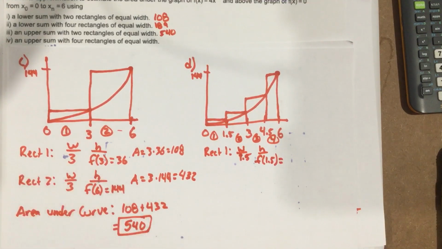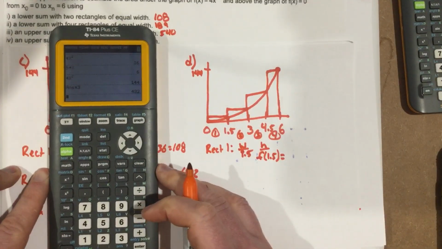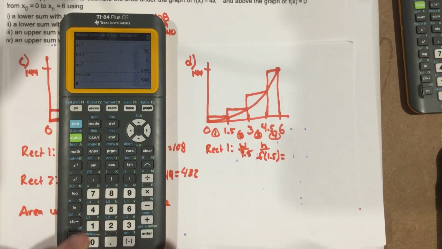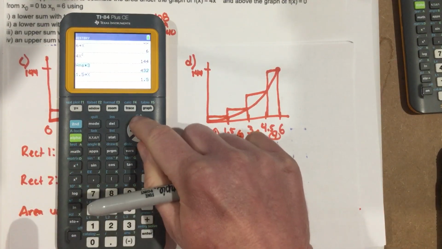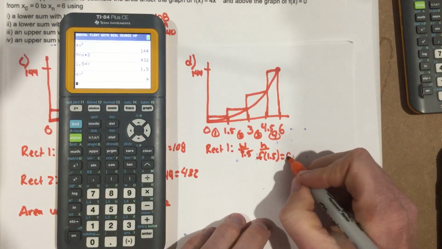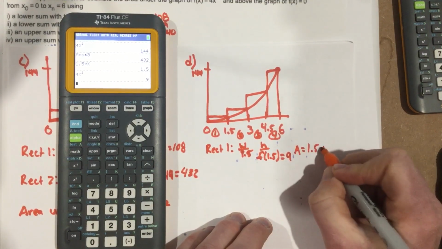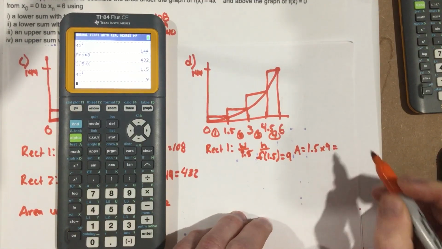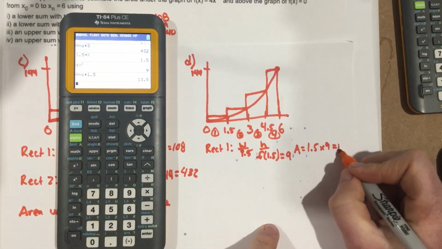So f of 1.5, we're going to take 1.5, store it as x, grab the function, that's 9. So the area is 1.5 times 9, which gives you 13.5.